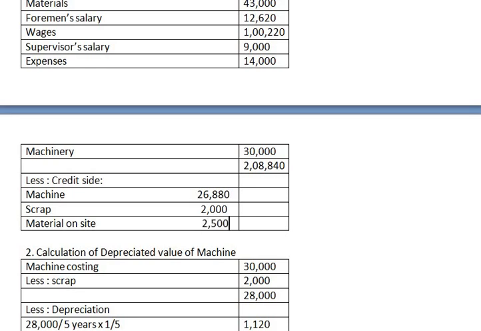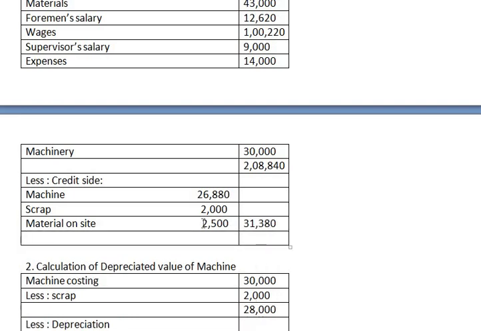Now make the total of these things and take it to the outer column. 31,380. Then deduct this, so that will be 1,77,460. Now what is this called?